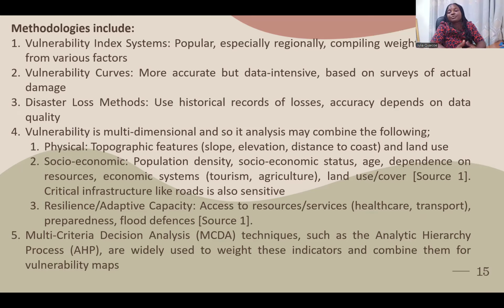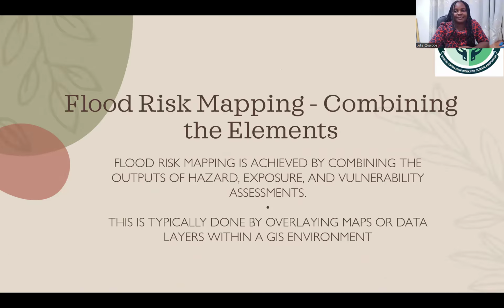And so when conceptualizing vulnerability, one should understand that vulnerability is multi-dimensional. And so when analyzing it, we also have to use a multi-dimensional approach to characterize the physical characteristics, the socioeconomic characteristics, as well as the adaptive capacity of the element at risk.